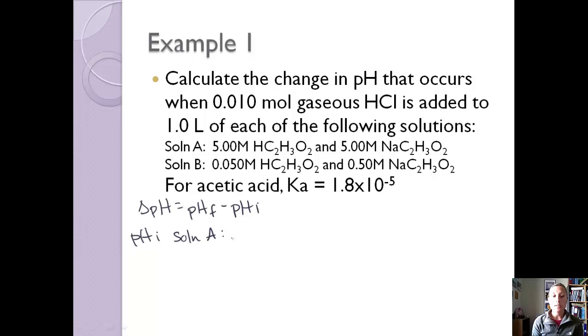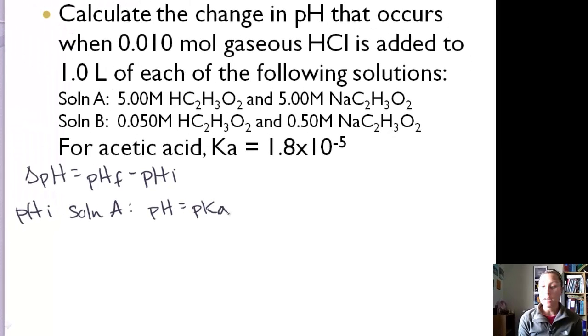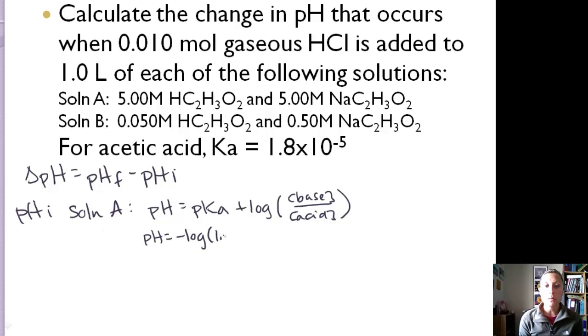Okay, so we know that the Henderson-Hasselbalch equation is pH is equal to pKa plus the log of the concentration of the base divided by the concentration of the acid. So for A, pH is equal to negative log of 1.8 times 10 to the negative fifth plus log of the conjugate base.